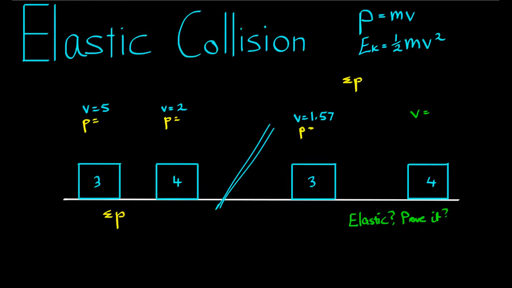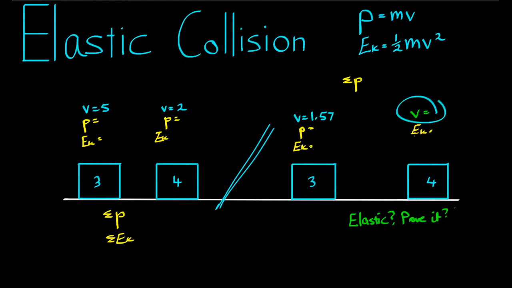Then, to figure out whether the collision is elastic, we're going to need to know the kinetic energy of both these boxes here, as well as the kinetic energy of both these boxes here, and the net kinetic energy. So even though we're only being asked two very simple questions, what is the velocity of this box and is the collision elastic, there are quite a few values we're trying to figure out. So let's push forward with them now.